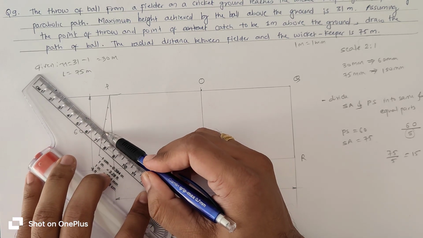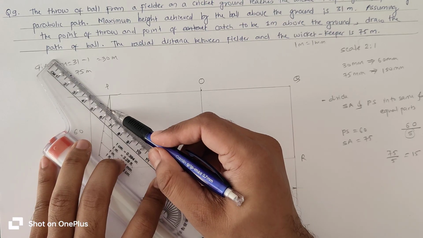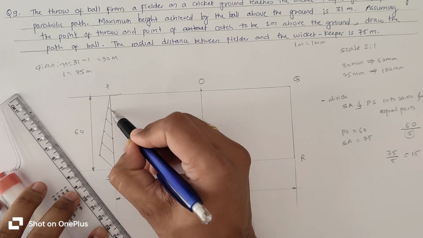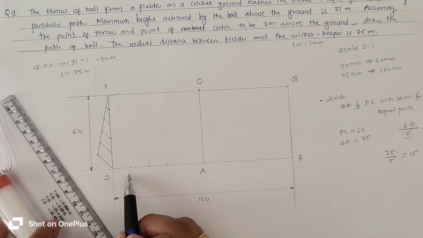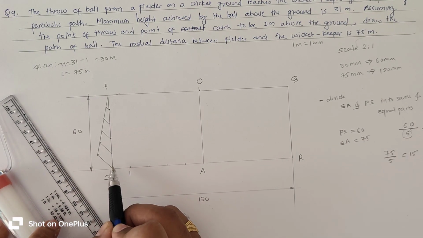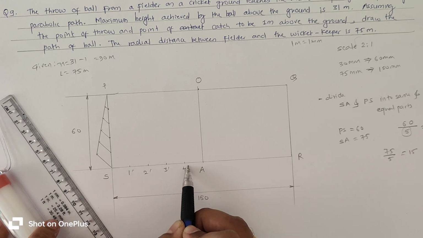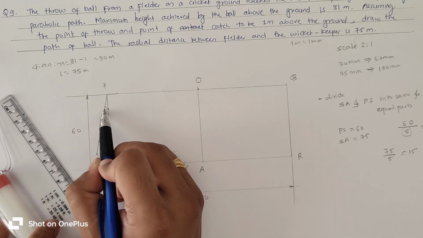Then draw parallel lines. So these will be our separation points. Now mark these points 1 dash, 2 dash, 3 dash and 4 dash. This point is 1, 2, 3 and 4.